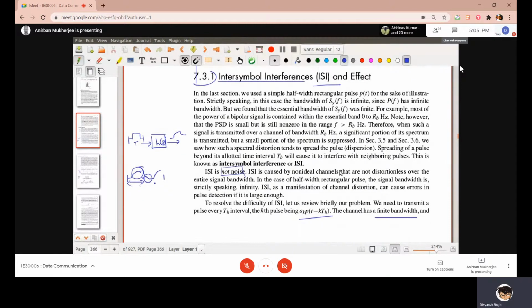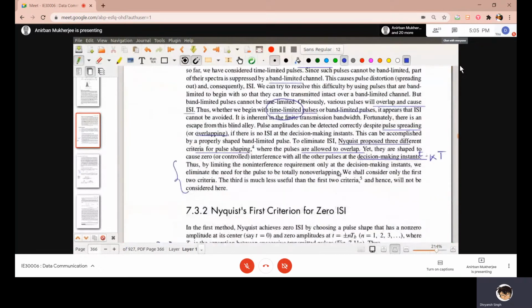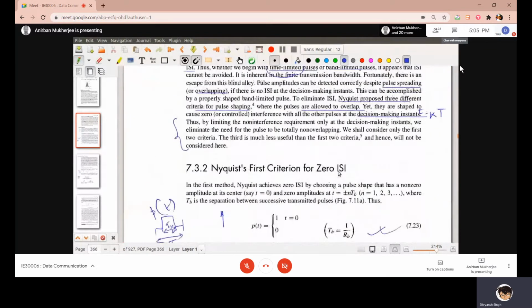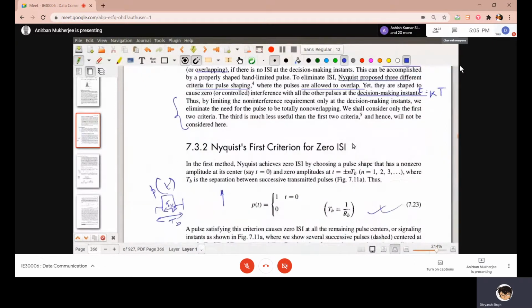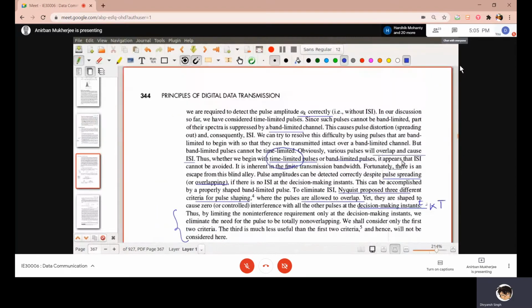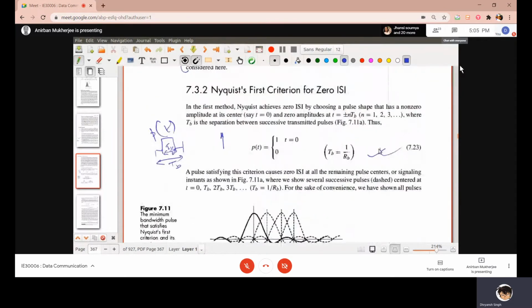So in order to circumvent this problem, Nyquist has given some criteria for achieving zero ISI. The pulse shape has a non-zero amplitude at its center, t equal to 0, and zero amplitude at plus minus n TB, where n equals 1, 2, 3.